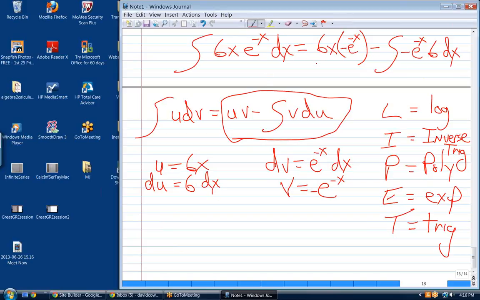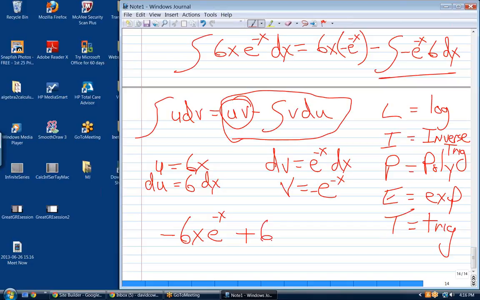So my final answer is going to be negative 6x e to the minus x, that's u times v, minus, well, let's see, what is this integral? If I take the minus outside, it becomes plus, and now I'm just integrating, I can take the 6 out also.